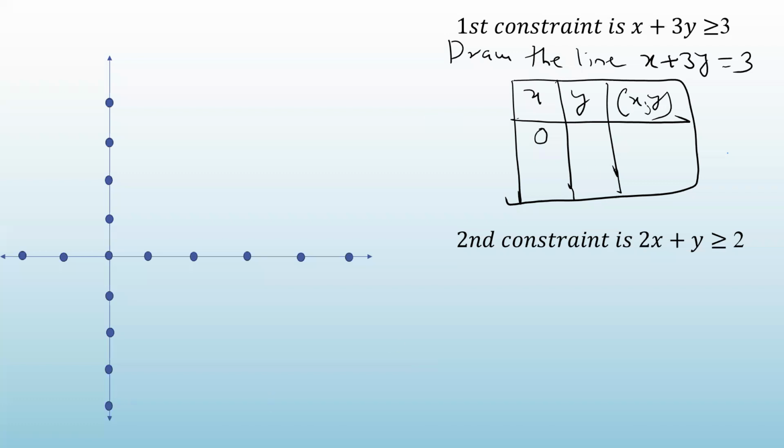Very good. So when you put x equal to 0, you will get 0 plus 3y equal to 3. So 3y is equal to 3, so y is equal to 3 upon 3, that is 1. So you will get the point 0, 1.